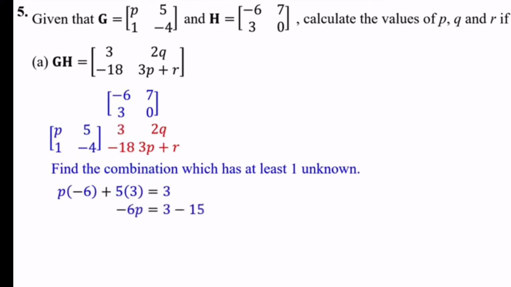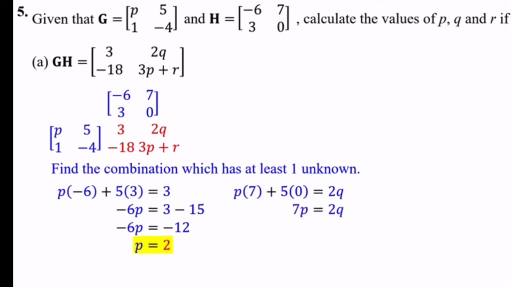So we can solve the p, which is actually p is 2, right? After we solve the p, now we focus on another one, which is 7p plus 5 times 0 equal to 2q. Alright, so the p we found out already, we can substitute back. Right, so then we can solve the value for the q.